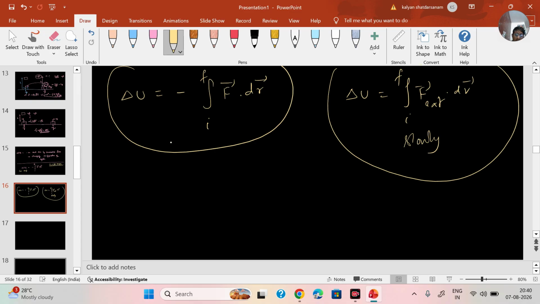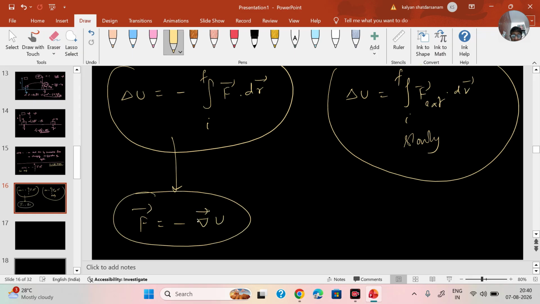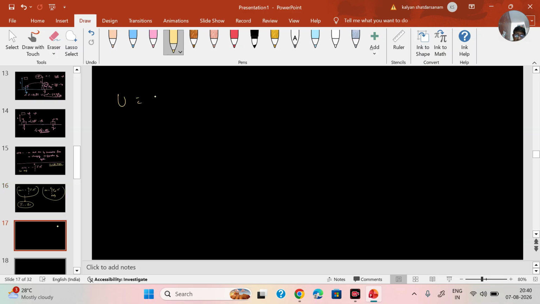Now what is the reverse of this? The reverse is force is given by minus del U. Yesterday we saw the del operator, right? i dou by dou x plus j dou by dou y. For example, if potential energy is given as x squared yz, what is the conservative force which resulted in this potential energy?